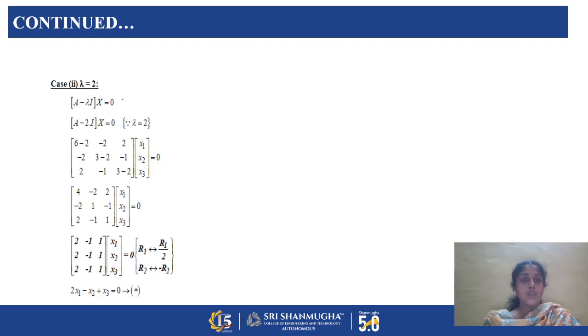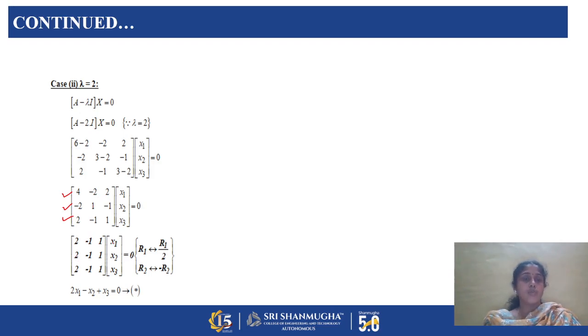Next, lambda equal to 2. When I take lambda equal to 2, the matrix A minus lambda I times x equal to 0 becomes 4 minus 2, 2, minus 2, 1 minus 1, 2 minus 1, 1 times x1, x2, x3 equal to 0. When you observe this, all three rows are the same: 2 minus 1 1.